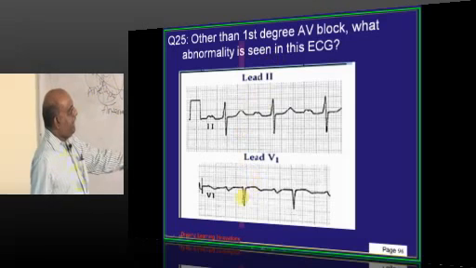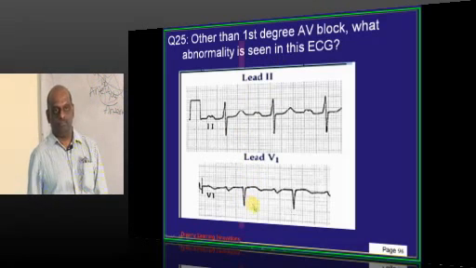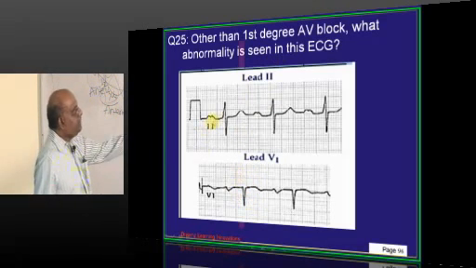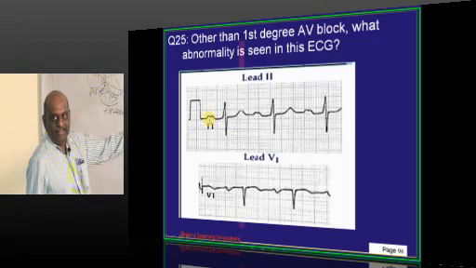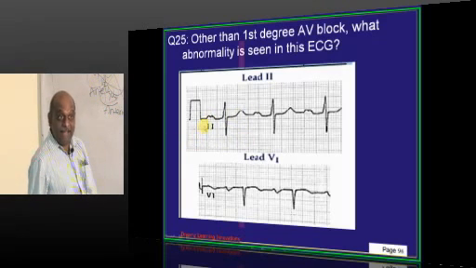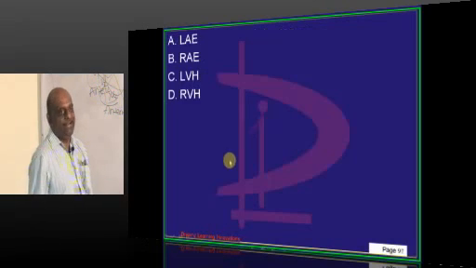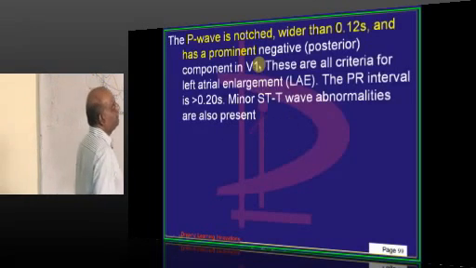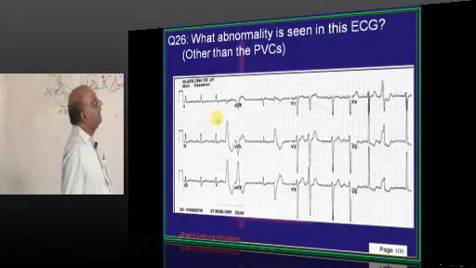Then other than the first degree heart block, what abnormality do you see? What is in lead 2? Tell me, son, what do you see here? M shaped P wave. So what do they call that? P mitral is what you have to remember, which is seen in left atrial enlargement.